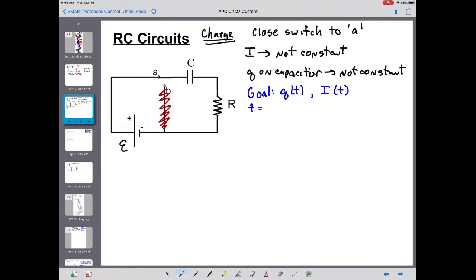So at a time of 0, that's when we close the switch to A. And so we need a Q of t and an I of t equation.